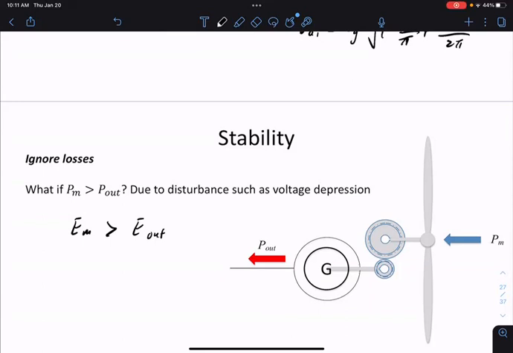But the answer is everything that can possibly rotate will start to rotate fast, because the energy has to go somewhere. It can't go to the grid, it can't go back to the wind. So it has to get converted to rotational energy. There are a lot of spinning parts, and all the spinning parts that can spin will spin fast. That's where the energy has to go. Everything speeds up.